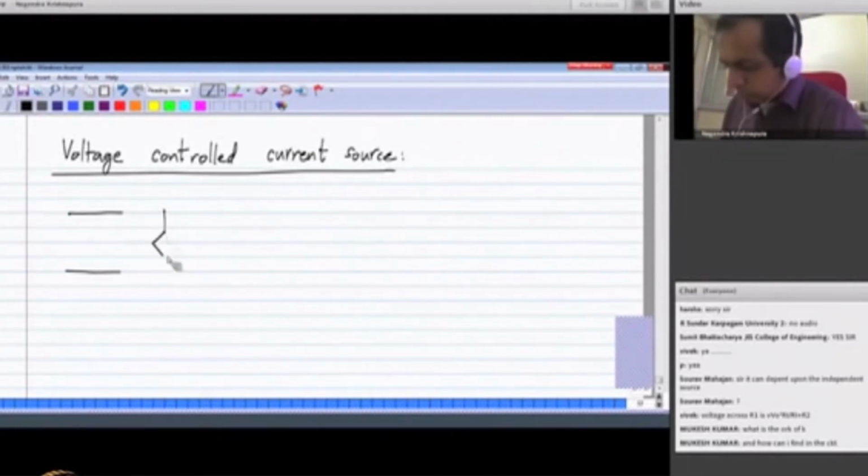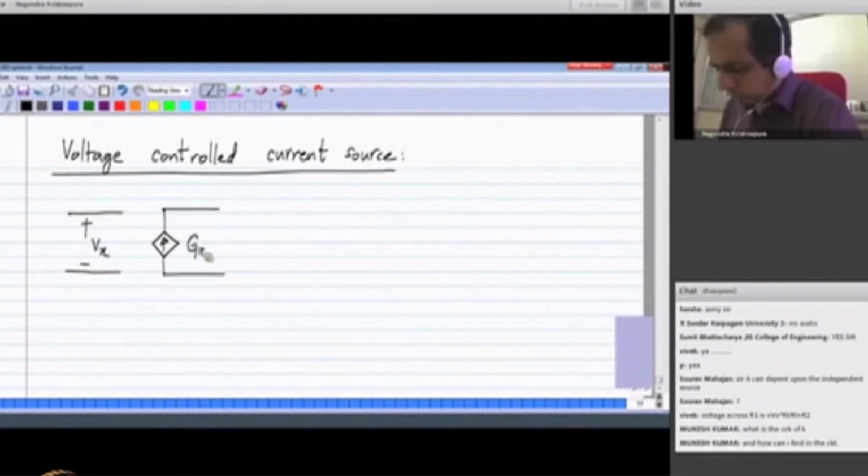Again, the symbol for it is similar to that of a current source, but with a rhombus instead of a circle. And what it means is the value of this will be some G times Vx.